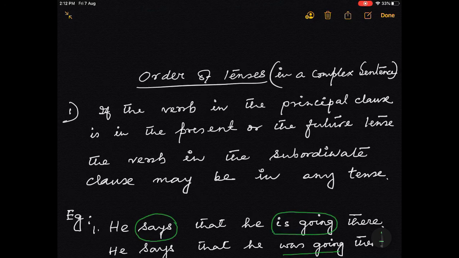In simple language, when the principal verb is present or future, the verb in the subordinate clause may be in any tense. There is no rule controlling the tense of the verb of the subordinate clause.